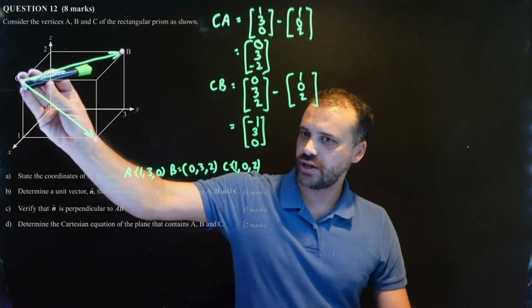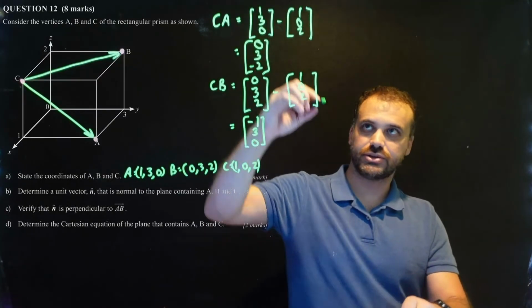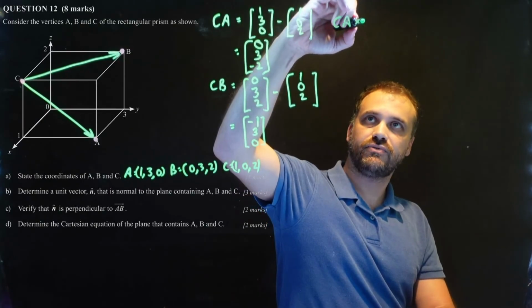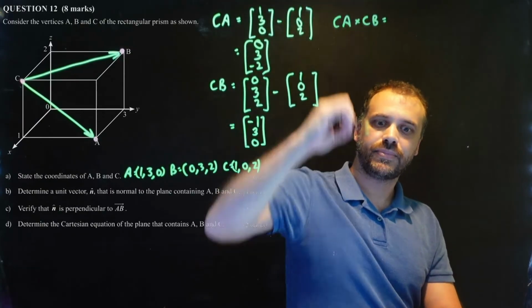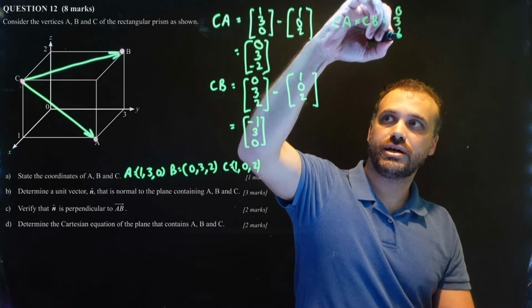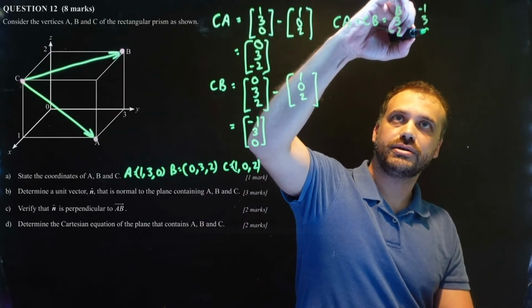Now, to find that vector that's at right angles to both of them, I do the cross product. So I do vector CA times vector CB. I might just write that as 0, 3, negative 2, and negative 1, 3, 0.